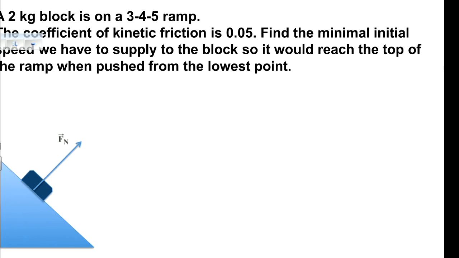So there is that critical speed which we need to give to this box in order for the box to reach the top. Yes? How did we determine which side was which?